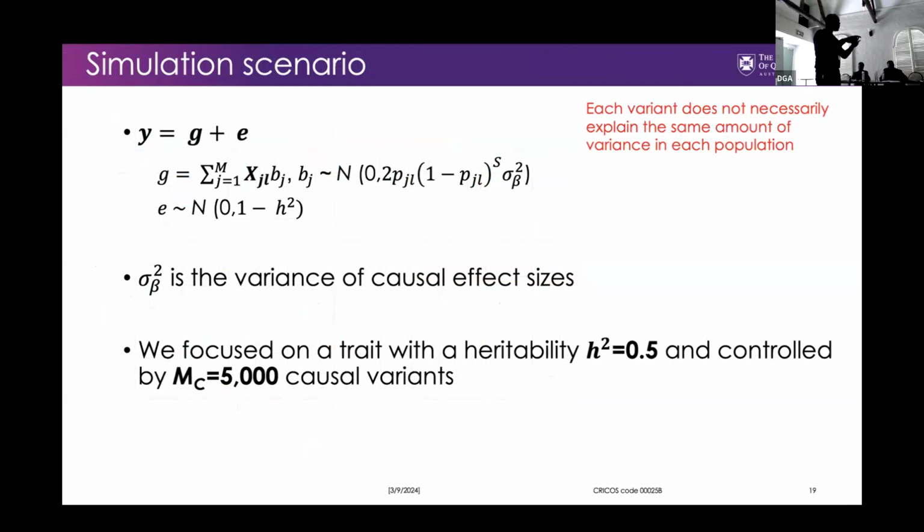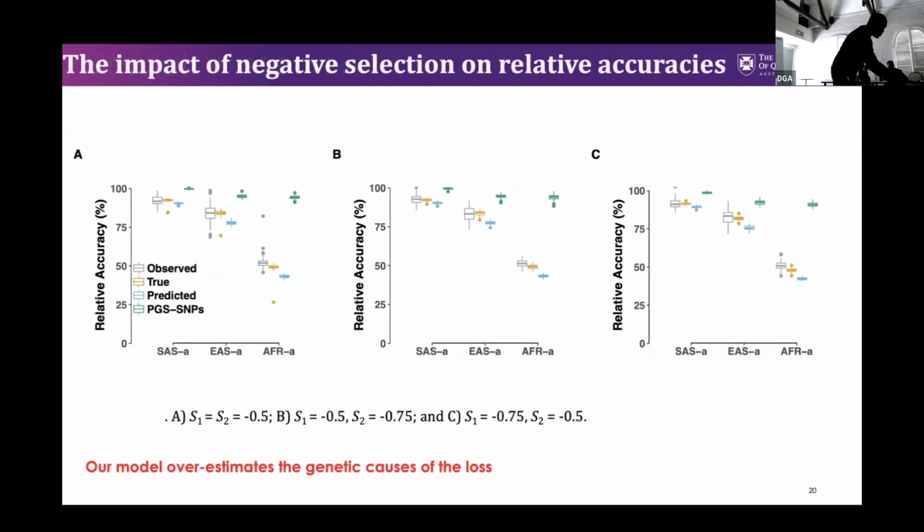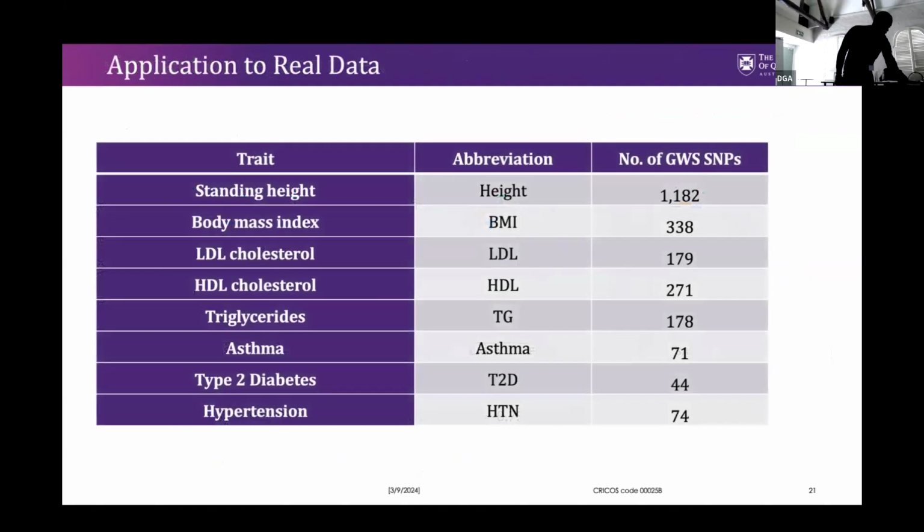So we tried to explore the impact of those selection pressures. Skipping the details, the bottom line is that our model, at least the way we predict the contribution of allele frequency differences and LD differences between populations, is actually underestimated. This overestimates the genetic cause of loss of prediction. So it is a good model, but it's clearly not perfect. This is just to say in passing.